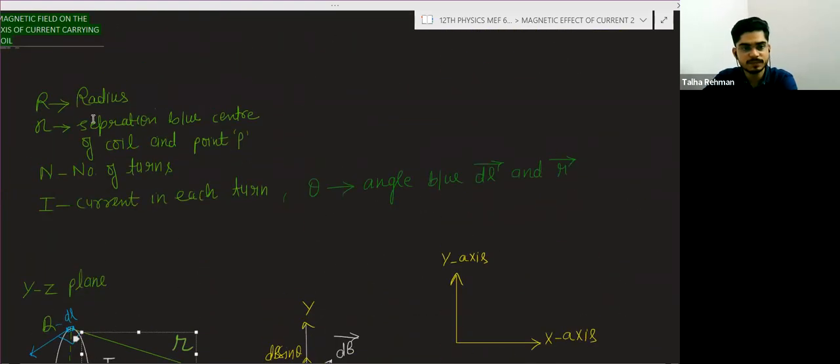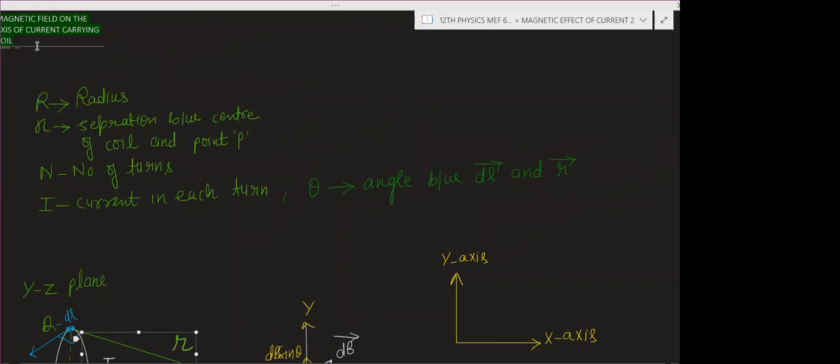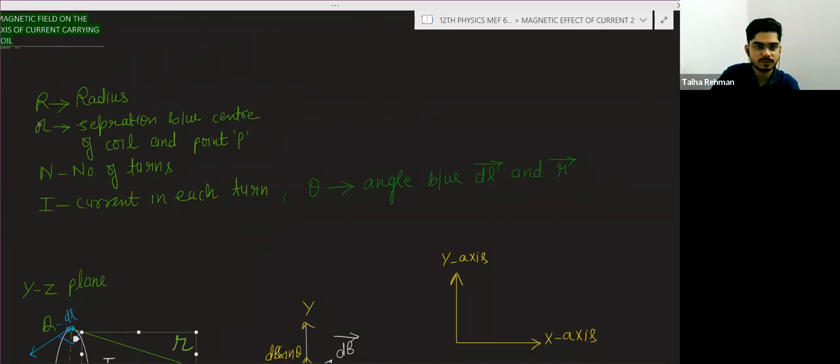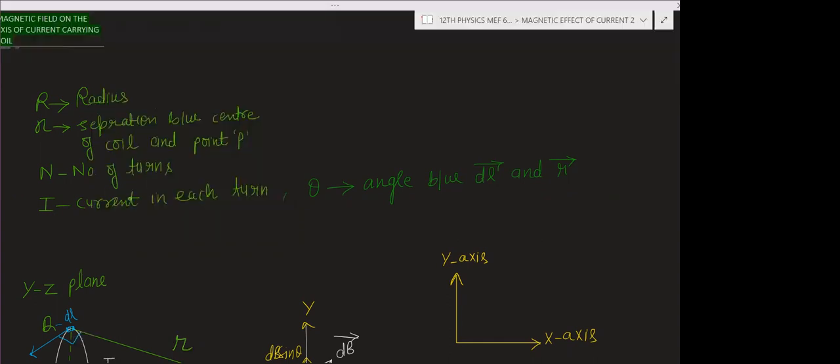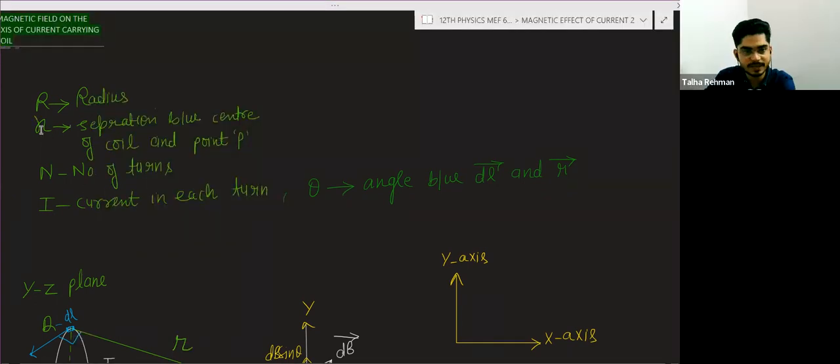Just write these terms, all I have defined here. So what's the second term? This is x. Not looking like x, but this is x. That's why I asked. I make small x, not the capital X. I make x like this.